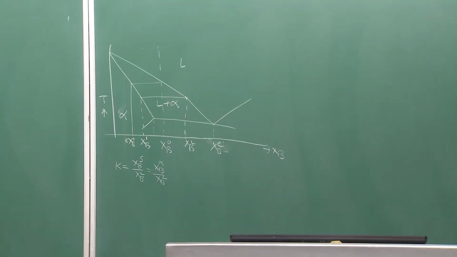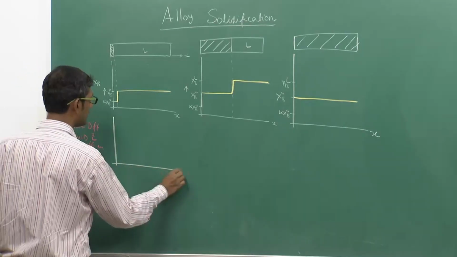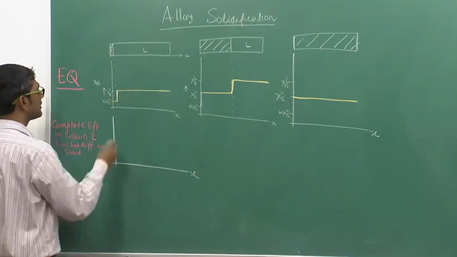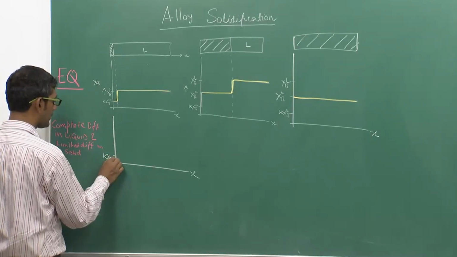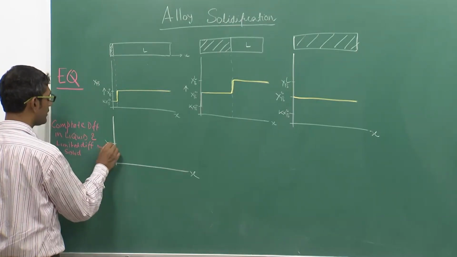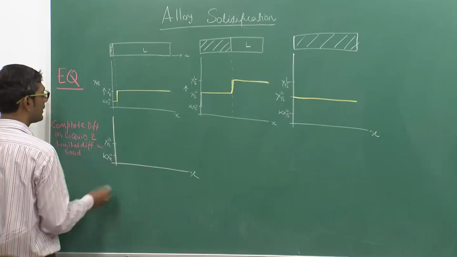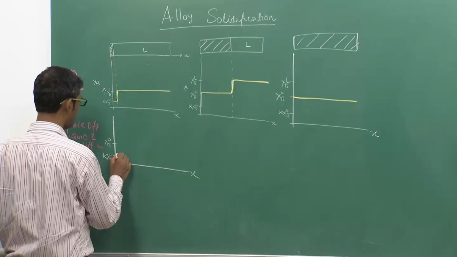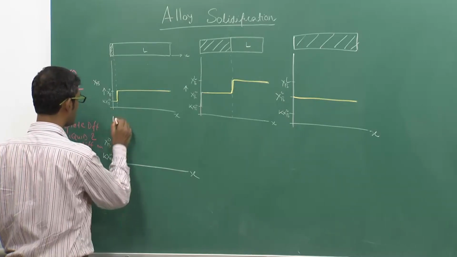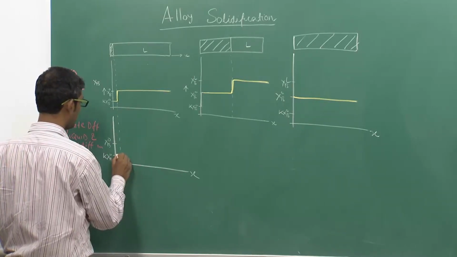Obviously, first thing, the beginning of solidification will be the same as the equilibrium. So, remember this is Kxp0, this is Xp0, okay. And that means this will be almost similar, it will not change much. This is my interface.